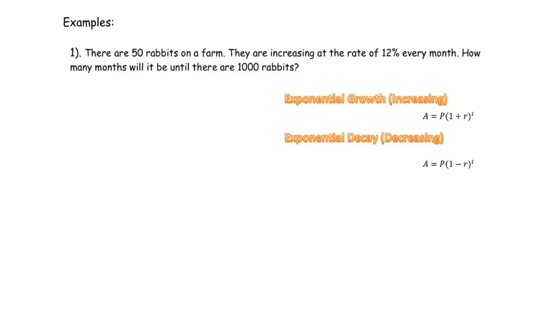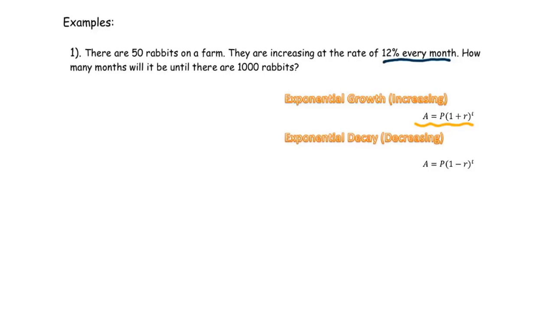Let's go to examples. There are 50 rabbits on a farm. They are increasing at the rate of 12% every month. How many months will it be until there are 1,000 rabbits? We know here's the formula for exponential growth.